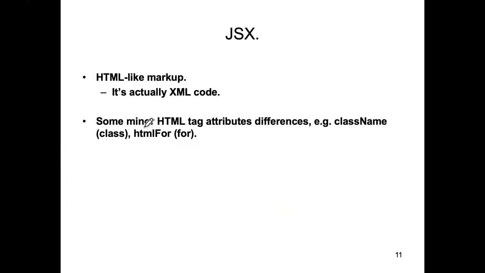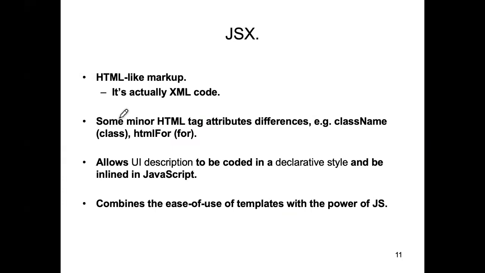And I think that's probably the only difference between HTML and JSX. There are one or two others, but we don't actually encounter them. And so it allows us to code up our UI descriptions in a declarative style.